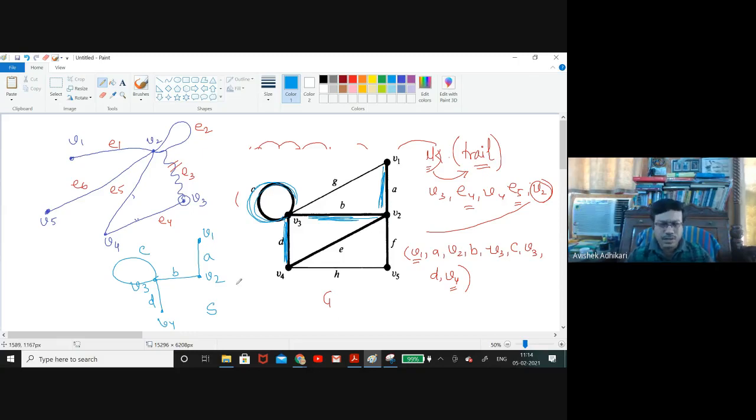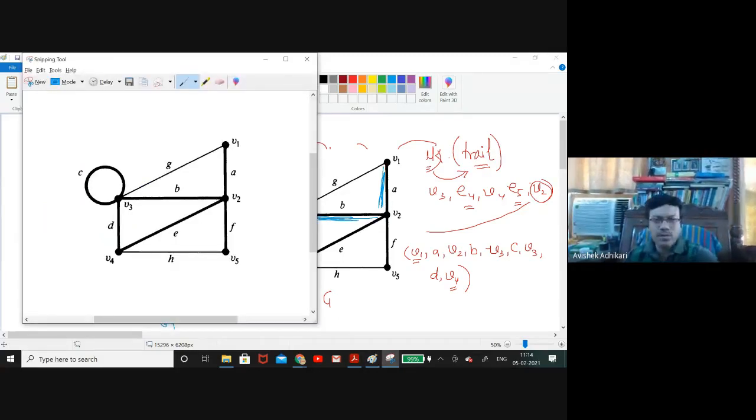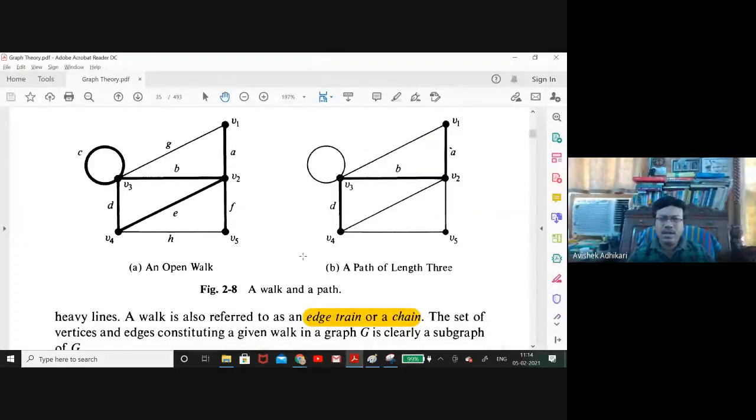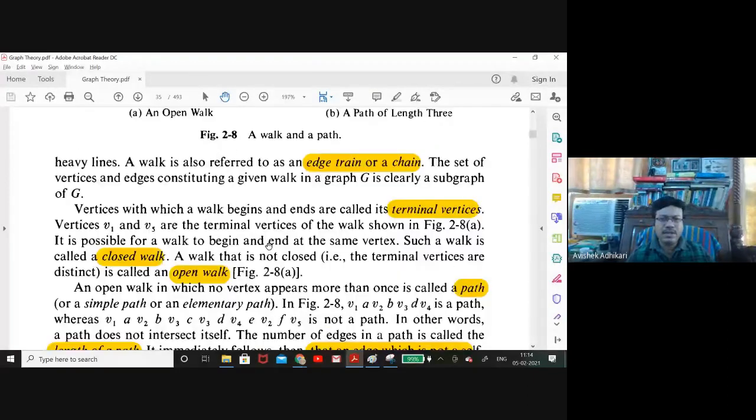So now the statement, I think it's clear to all of you. It says that the set of vertices and edges constituting a given work in a graph G is clearly a subgraph of G. Now I think it's clear. A few terms: the vertices with which a work begins and ends are called the terminal vertices.